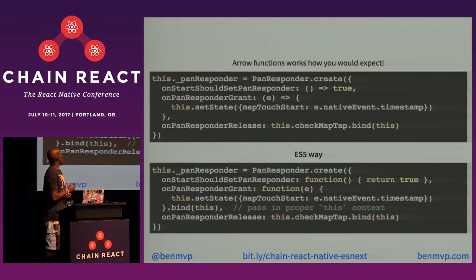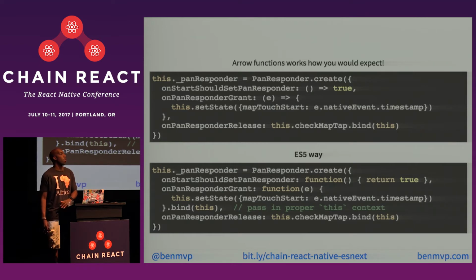And then for this one especially, we no longer have to do a bind(this), because arrow functions have what's called lexical scoping. So basically, it's a fancy term to just say that the this context outside of where the function is declared, so in this case, inside of componentDidMount, is the same outside of the function as it is inside of the function.